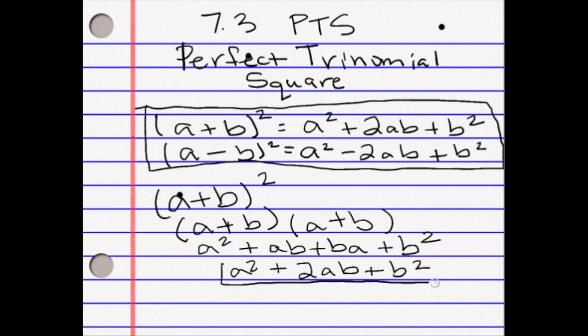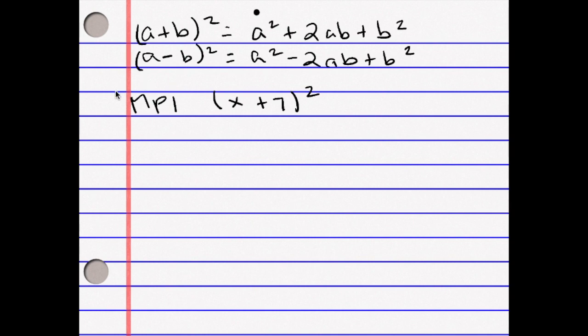So you can get to the same answer by writing it out, but I'm telling you for Algebra 2, you need to memorize it. It'll get pretty quick with more practice. Here are the two patterns, and we're going to do monitoring progress 1 to start with. All right, so whatever's in this A position, we're going to square it. So x times x is x squared.